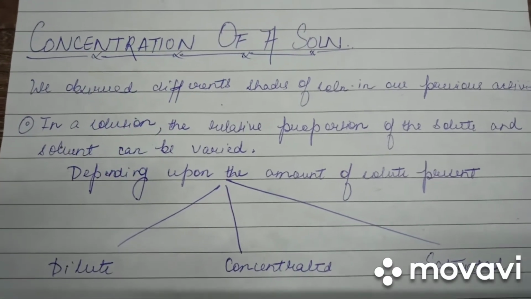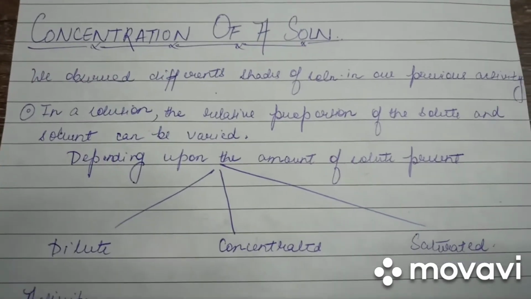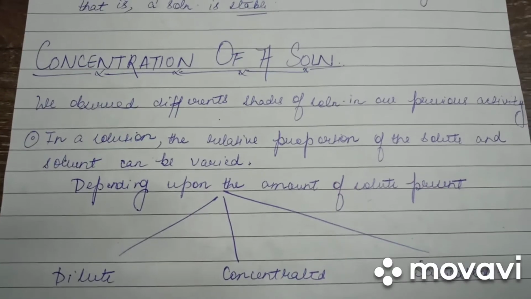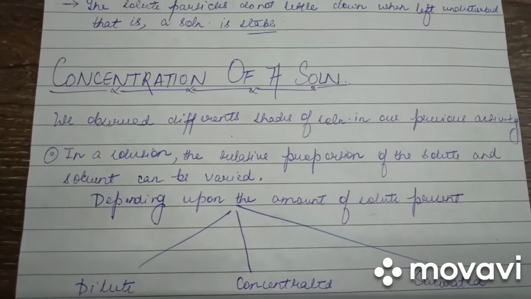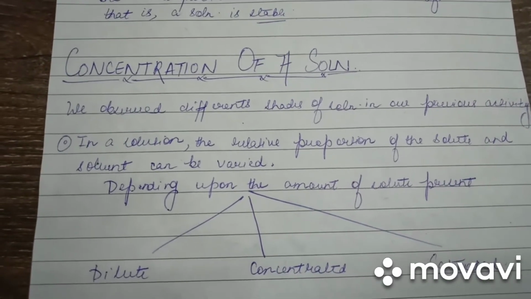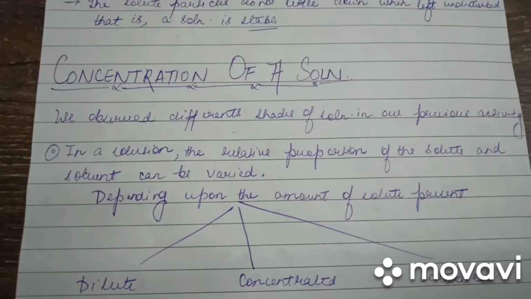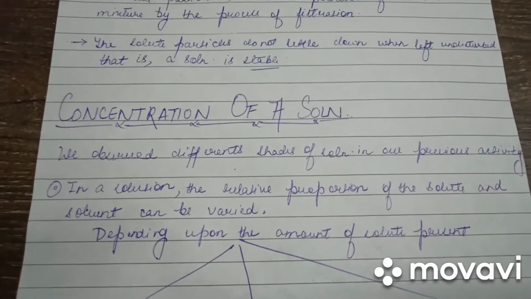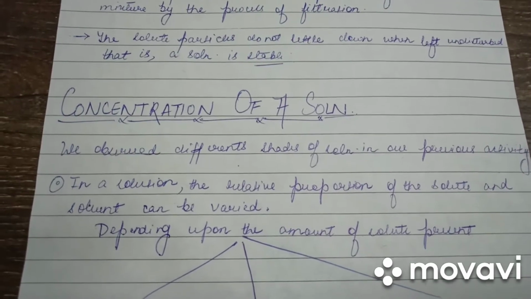Now we shall discuss what is a concentration of a solution. We observed different shades of solution in our previous activity. Remember the activity in which in group A we added 1 spatula of copper sulfate and group B we added 2 spatulas of copper sulfate, as a result of which we obtained variations in the color of our solutions. In our solution, the relative proportion of the solute and the solvent can be varied.